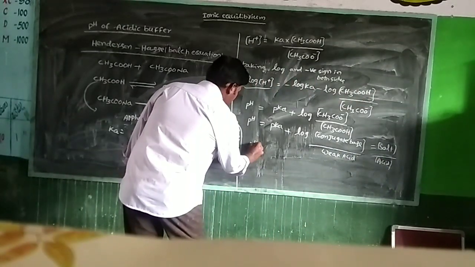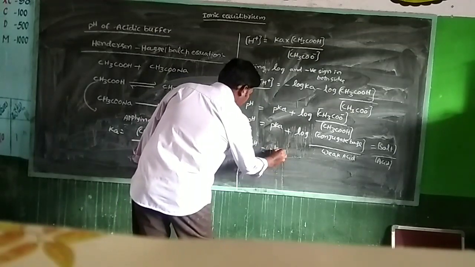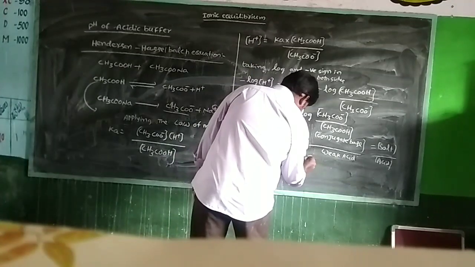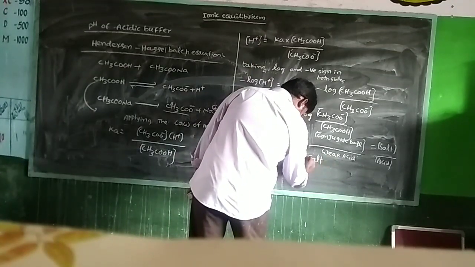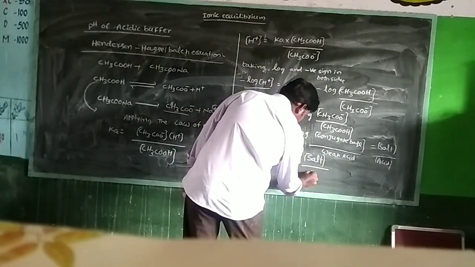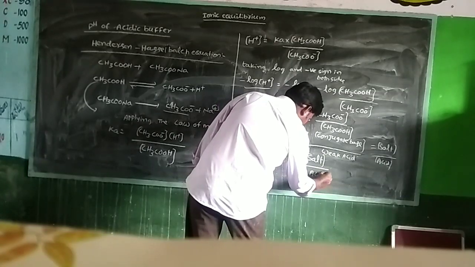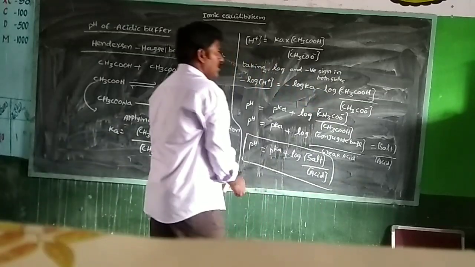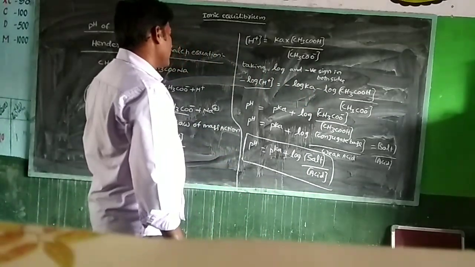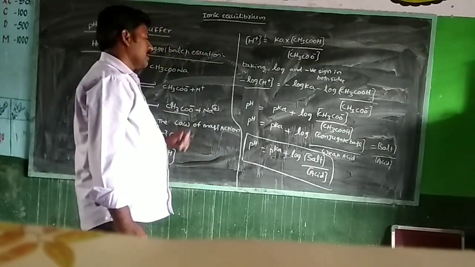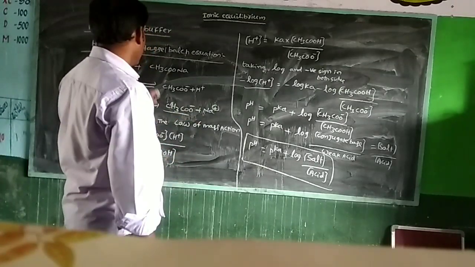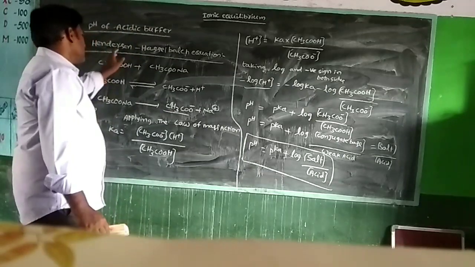You can write the pH is equal to pKa plus log salt concentration upon acid concentration. This is the formula for acidic buffer pH.